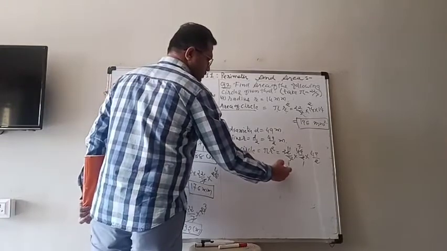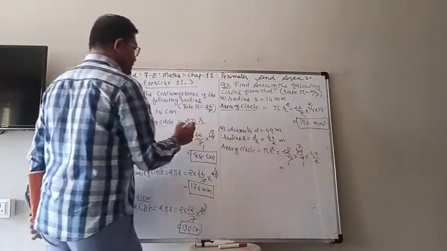So now 11 sevens are 77 multiplied by 49.